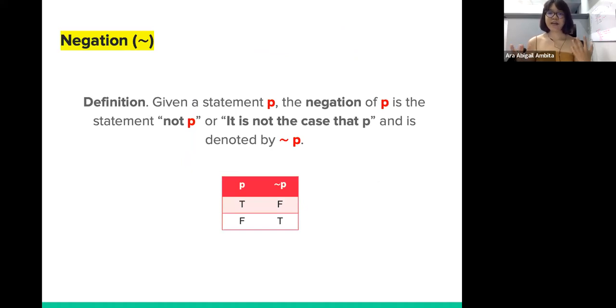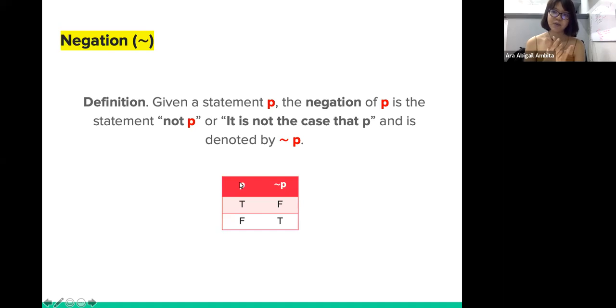So what is negation? Suppose we have a proposition or a statement P. When we refer to the negation of P, we mean not P, or it is not the case that P, and it is denoted by this operator, not P. From the word negation, we refer to the opposite value.